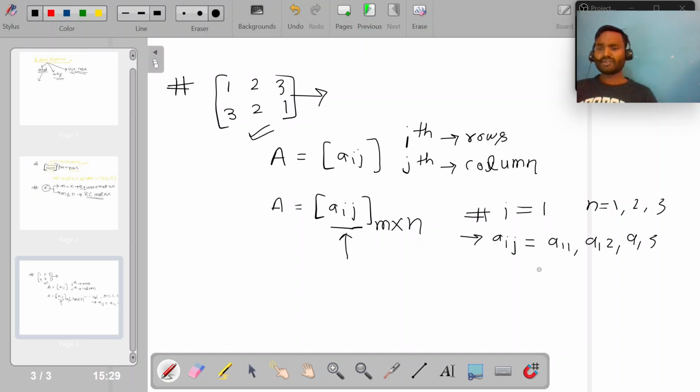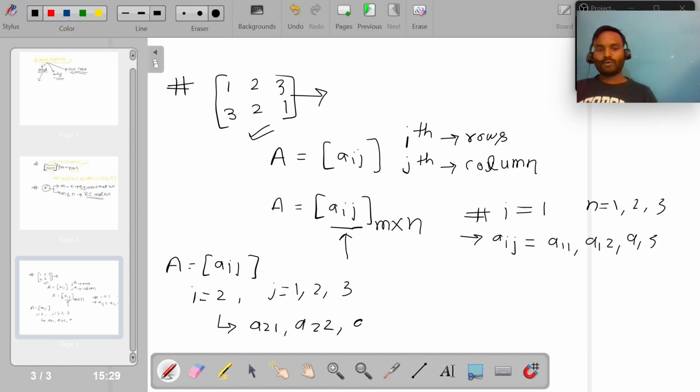So this is a 1 by 3 matrix. Now take i equal to 2 and j equal to 1, 2, 3. It tells the positions of the elements a21, a22, a23.